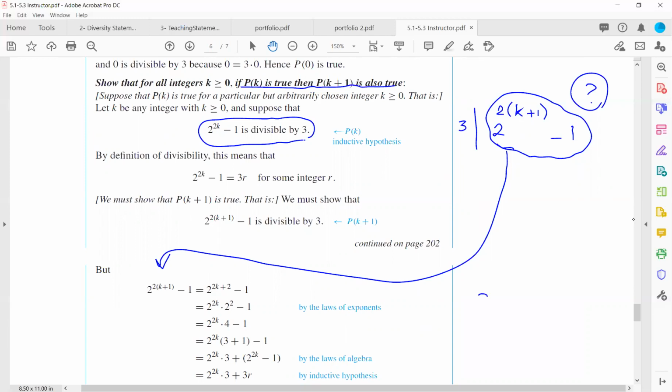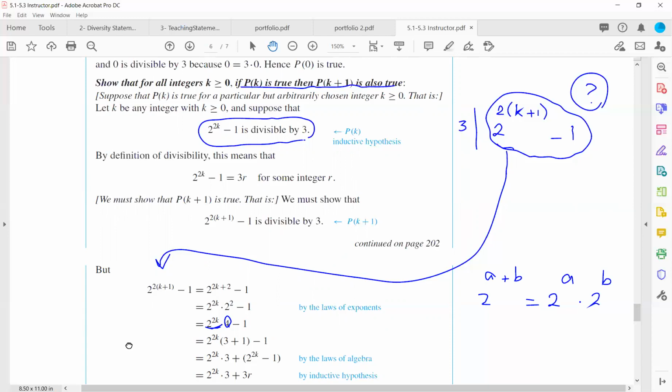What do you have here? You have 2 to the a plus b, the sum of exponents, that you can write in separate form. You have 2 to the 2k times 2 squared minus 1. Note that 2 squared is 4 and 4 is attached to 2 to the 2k. It is not 4 minus 1.